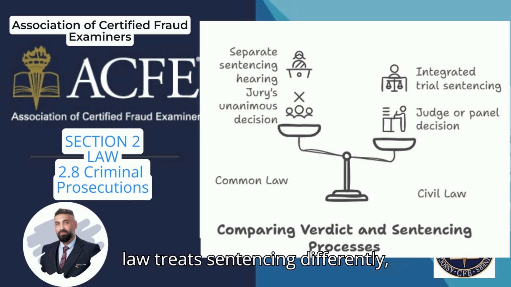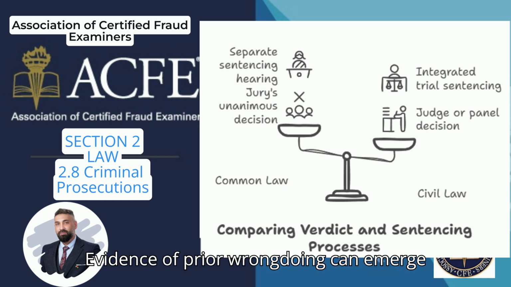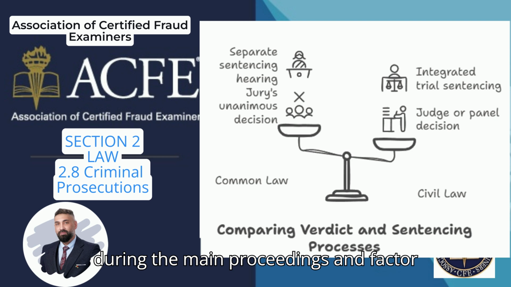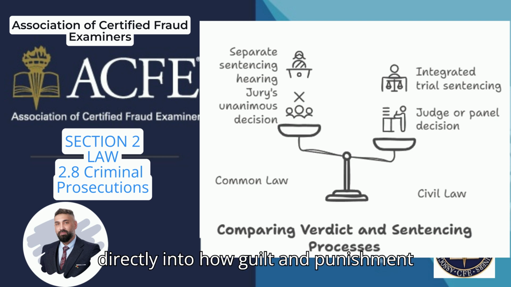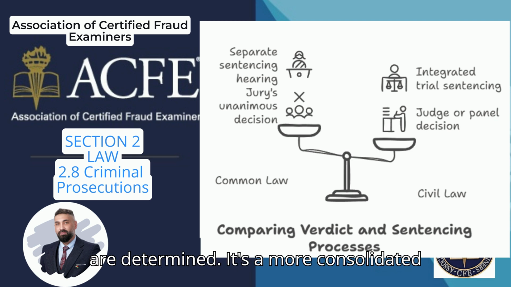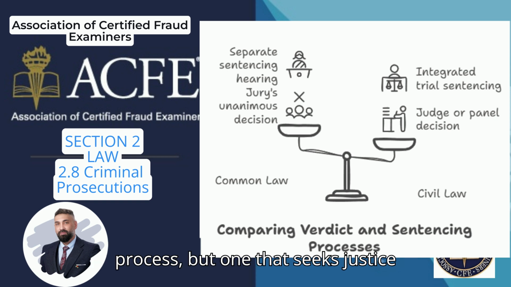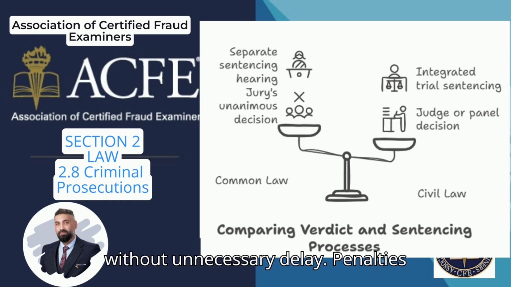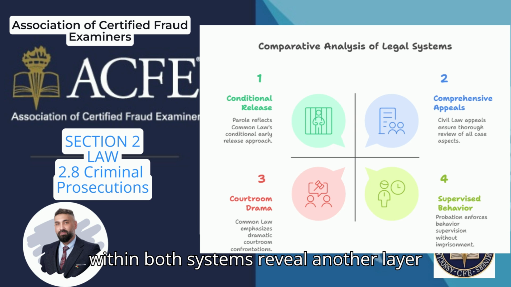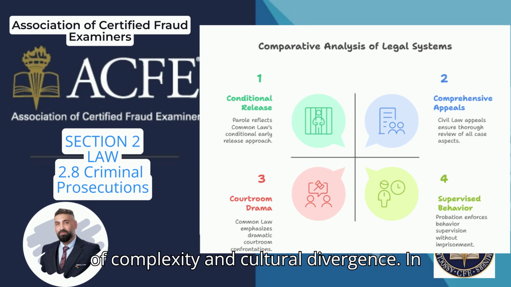Civil law treats sentencing differently, merging it with the trial itself. Evidence of prior wrongdoing can emerge during the main proceedings and factor directly into how guilt and punishment are determined. It's a more consolidated process, but one that seeks justice without unnecessary delay. Penalties within both systems reveal another layer of complexity and cultural divergence.